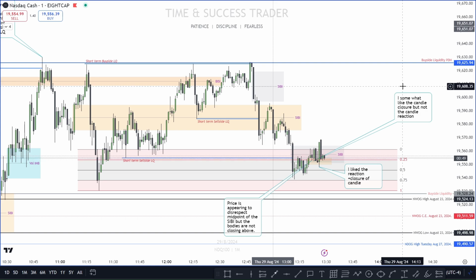I don't think price is ready to go up just yet, but I am still waiting for a confirmation.